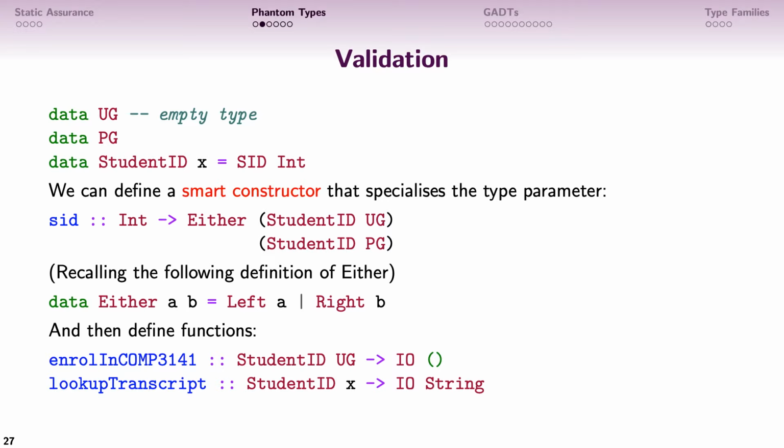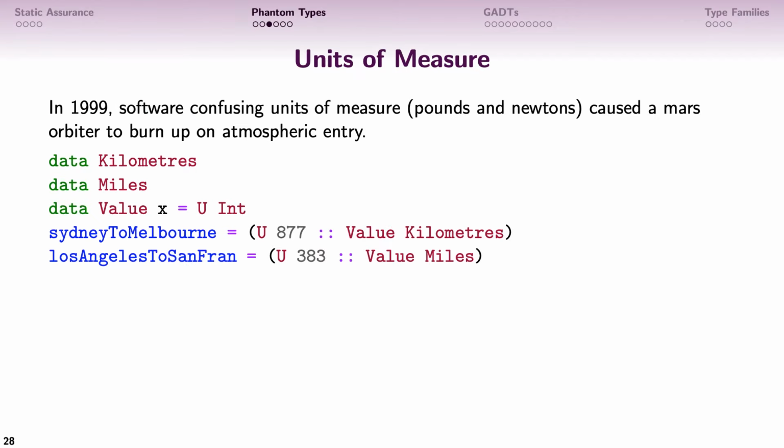So now we're going to look at using phantom types to encode units of measure. Maybe most of you are too young to remember this. I'm only just old enough to remember it. I hope that most of you were born before this date, but actually that may not be true either.